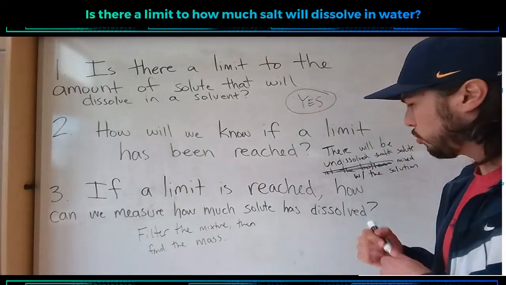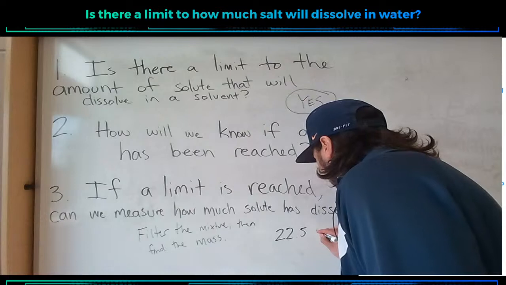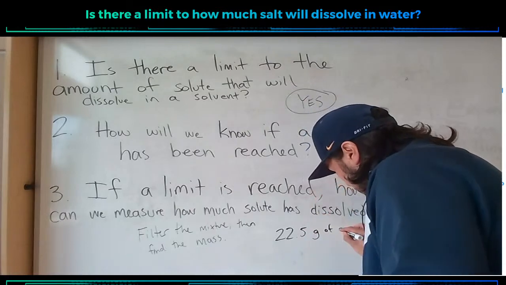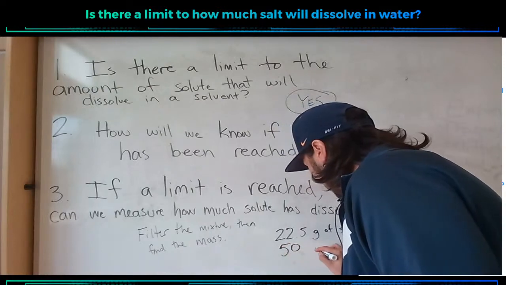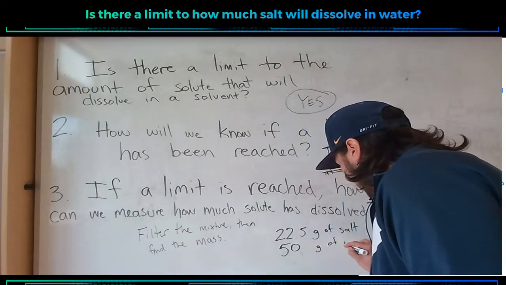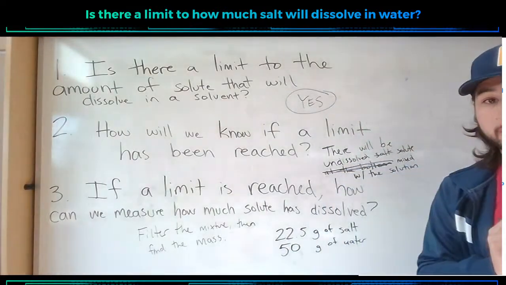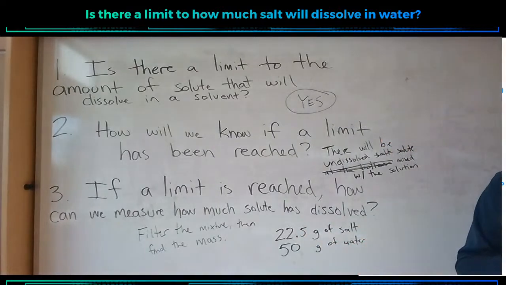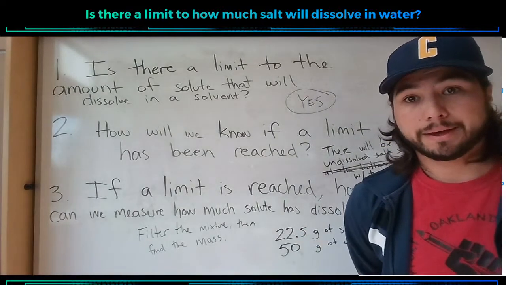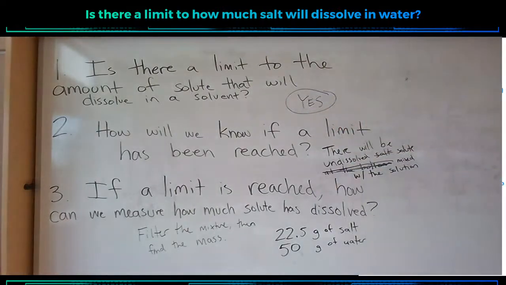So if we had 22.5 grams of salt, and 50 grams of water, what's the total weight of our saturated solution? 22.5 plus 50.